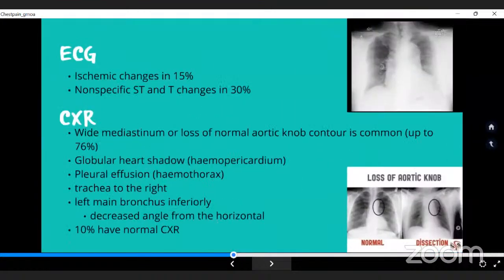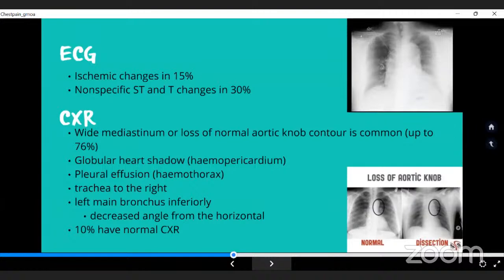And on ECG, they can have some ischemic changes because of right coronary artery occlusion, and there can be some non-specific ST and T changes as well. I think you might have heard about the possible chest X-ray findings of aortic dissection. There are many.